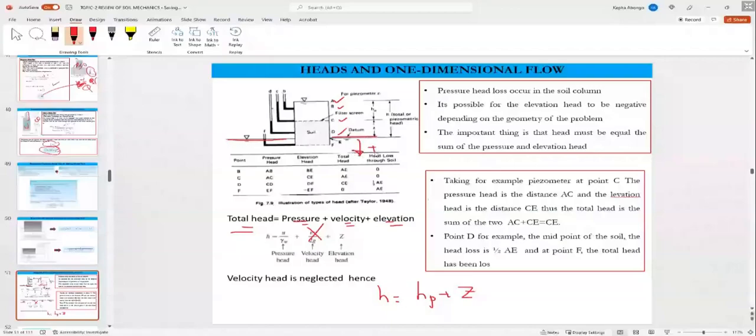At the surface of the water it is 0, atmospheric. Follow this slowly. At point A, what is the pressure head?